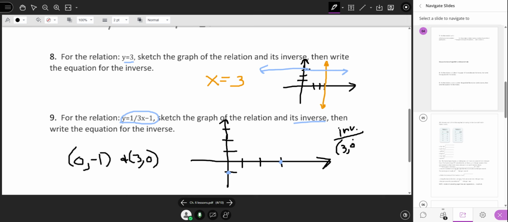Remember I said switch your x and y values. Oh, whoops, I didn't draw the line, did I? So 3, 0, -1, 0.